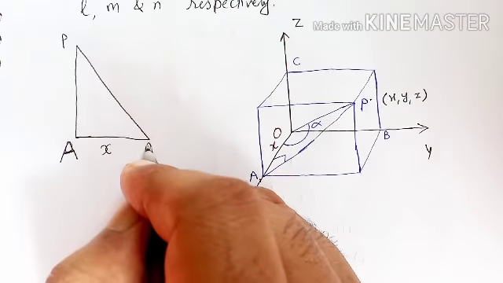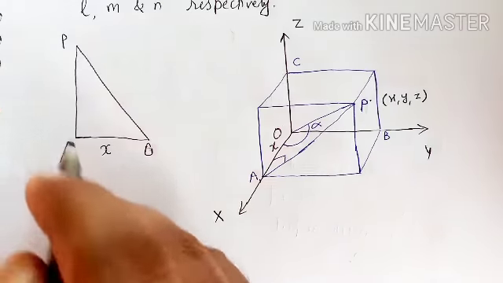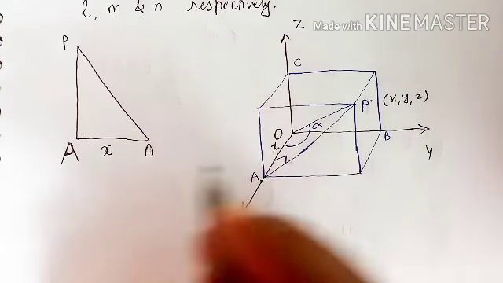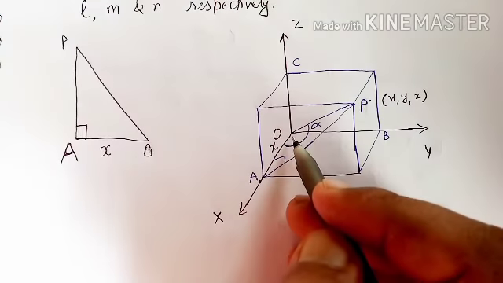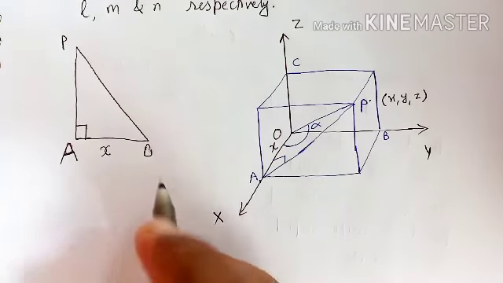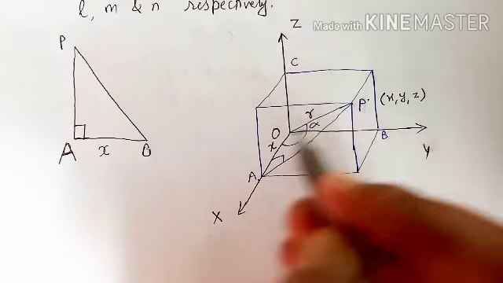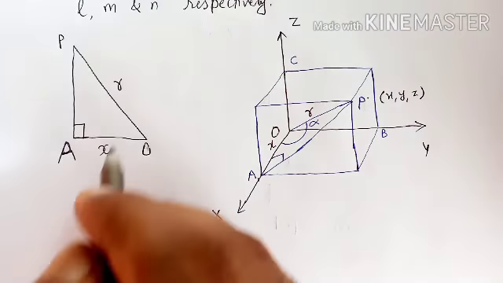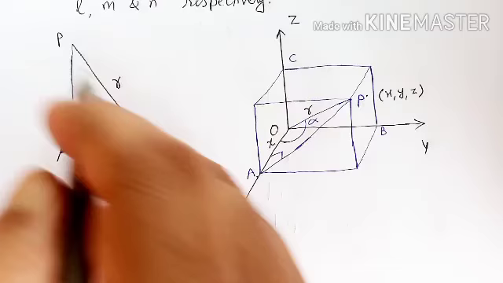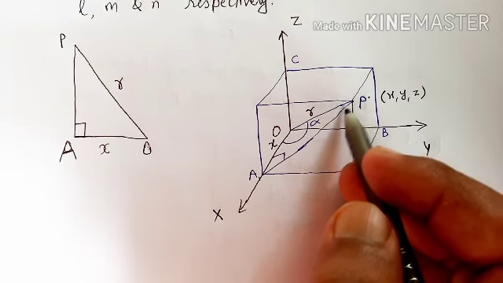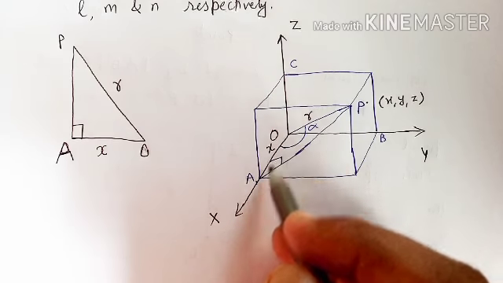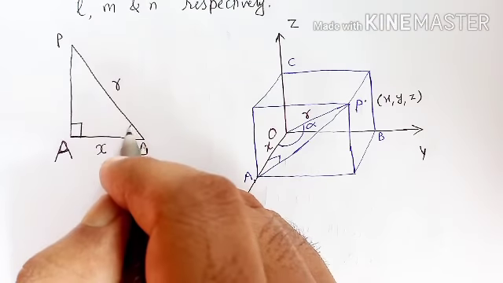Here AP is perpendicular to AO. We know OP is R, and the angle made by PO with OA is alpha.